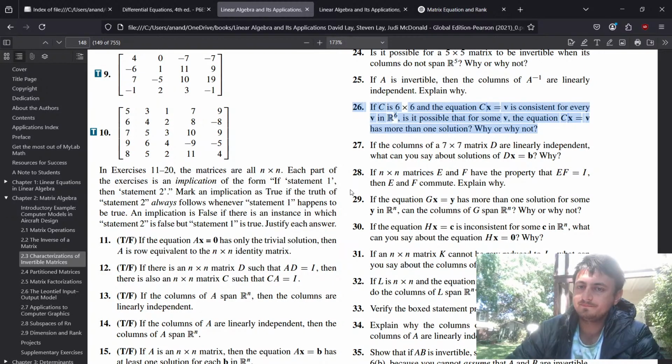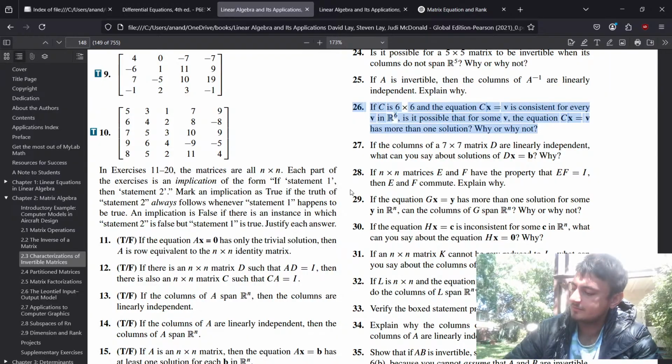So for 26, if we had Ax1 equal to b, Ax2 equal to b, x1 not equal to x2, but A times x1 minus x2 is going to be equal to 0, because b minus b is equal to 0.